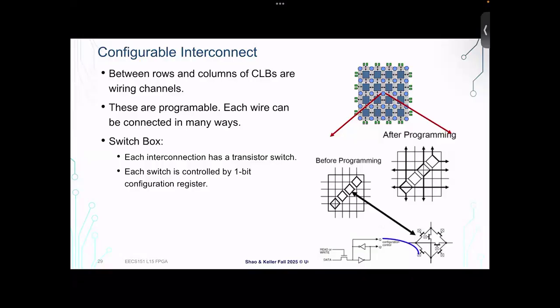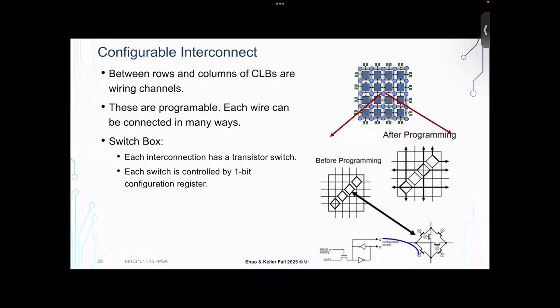It's basically wires going horizontally and vertically, and when they cross over each other, there's a single transistor that can be on or off, also programmed by the bit stream by some state sitting on the FPGA. And the transistor is saying, should there be a connection or should there not be a connection, right?